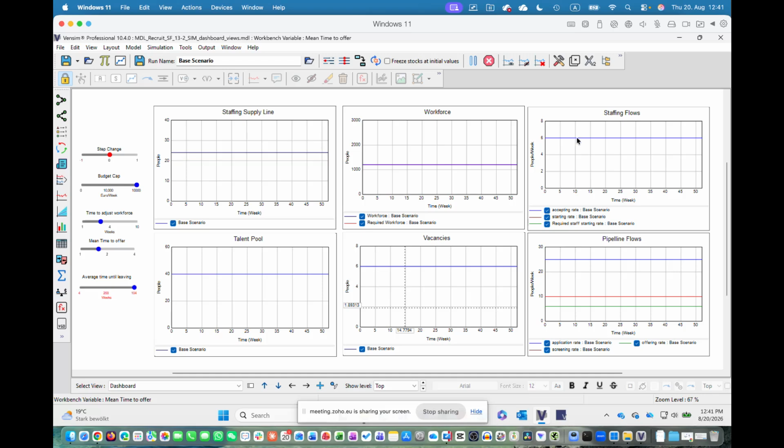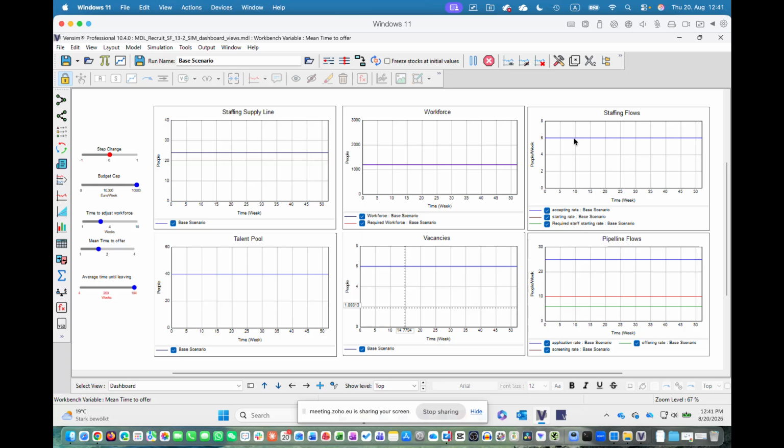On the right side, I show a couple of flows. Think about the flows as the inflows into the stocks, for example. The top right-hand chart here shows the average flow of people accepting, starting, and the required staff.